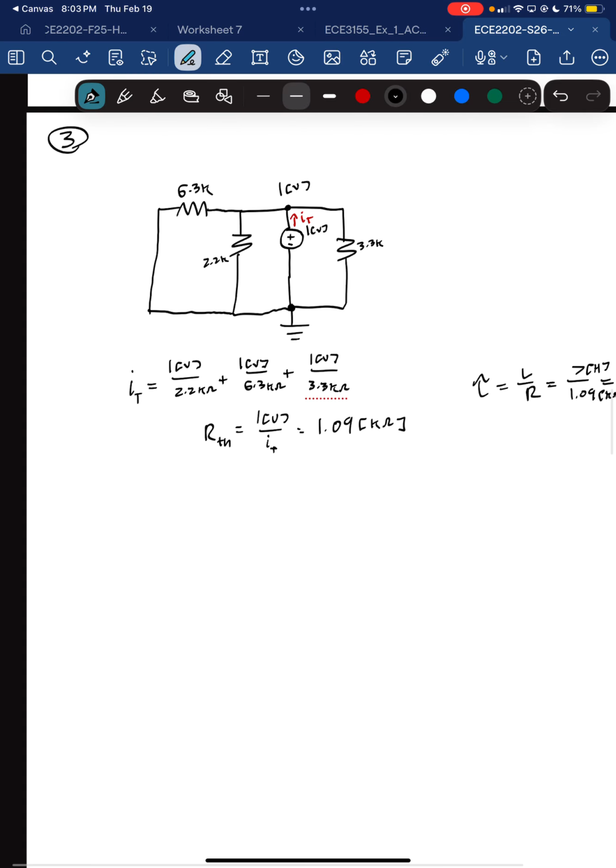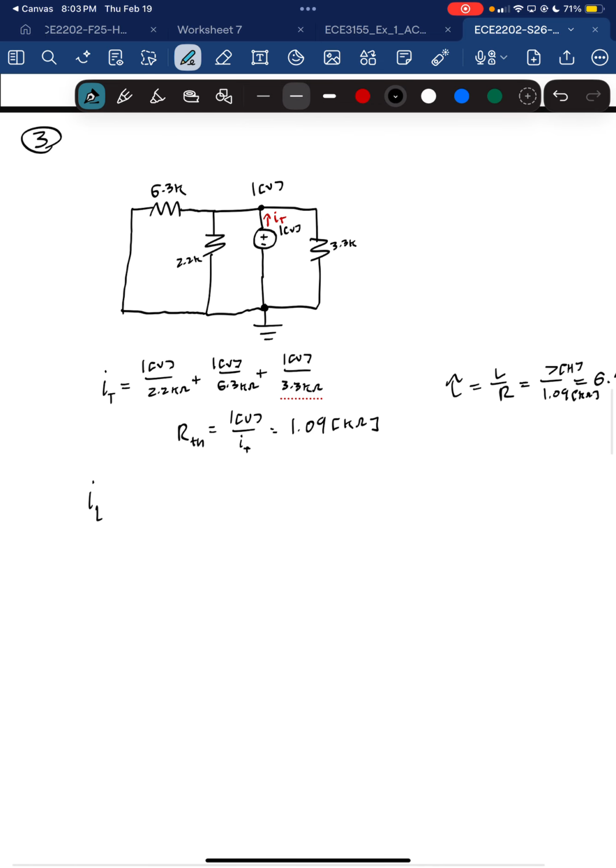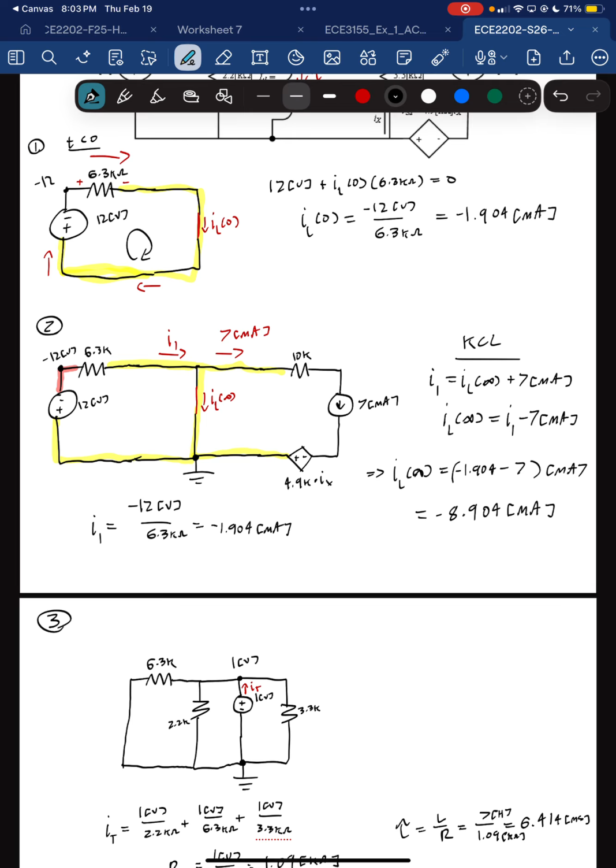Now we have everything we need to build our equation. IL of t is going to be IL of infinity, which is negative 8.9 milliamps, plus IL of 0 minus IL of infinity, which is negative 1.904 plus 8.904.